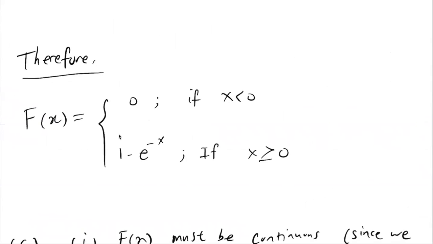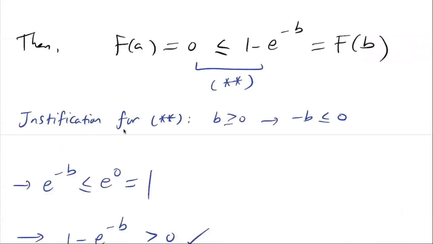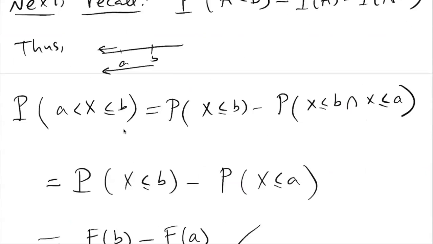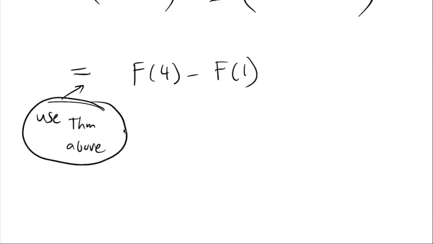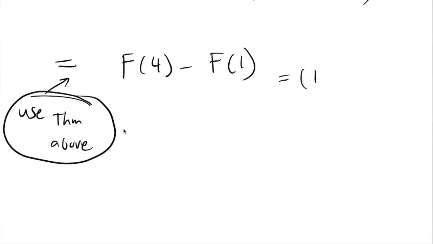So for capital F of 1 and capital F of 4, both of them, I have to use the second formula here. So it becomes 1 minus e to the power minus 4 minus 1 minus e to the power minus 1.